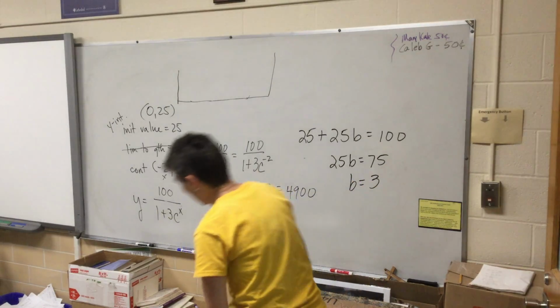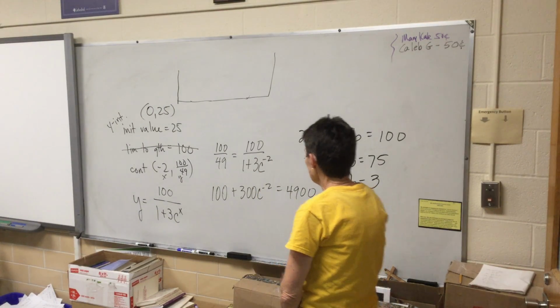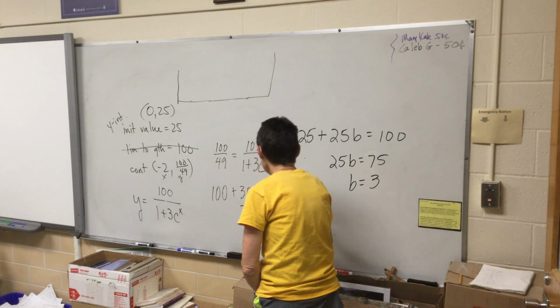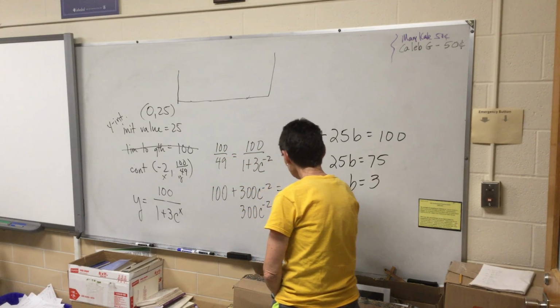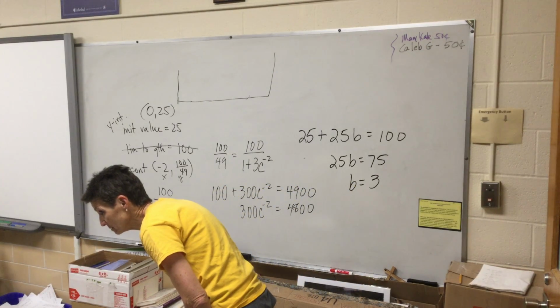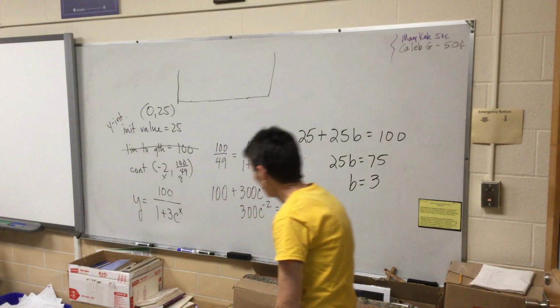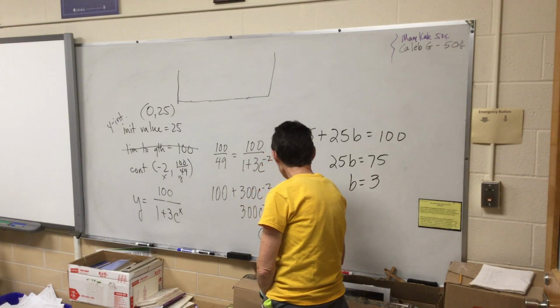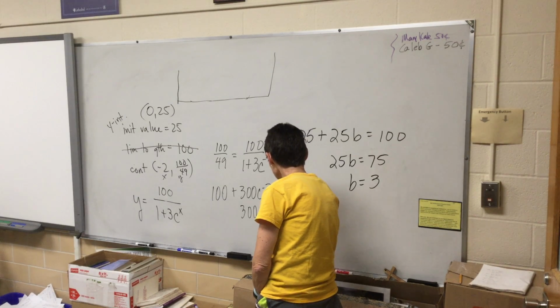This is for grade day. So 300 c to the negative second equals 4,800. Everybody still with me? I'm going to divide by 300. Let's see. 16.